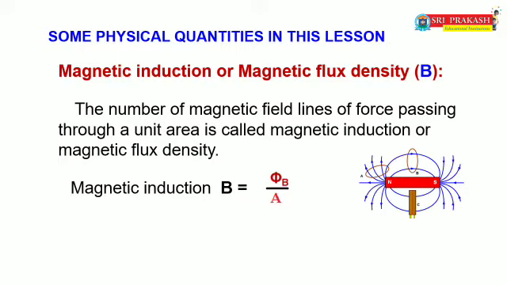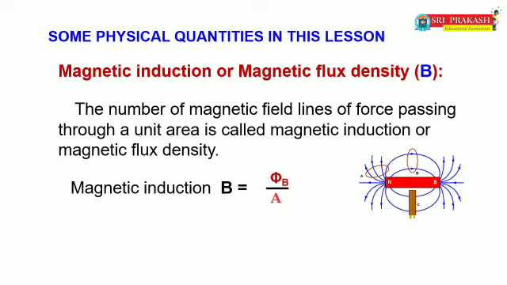Very near to the North Pole, the number of lines of force crossing this area is more, but here the number of lines of force is a little bit less. Very near to the North Pole, the lines of force will be much more.